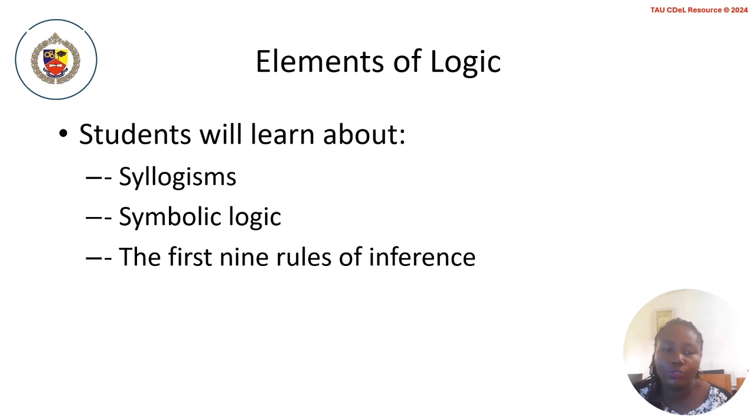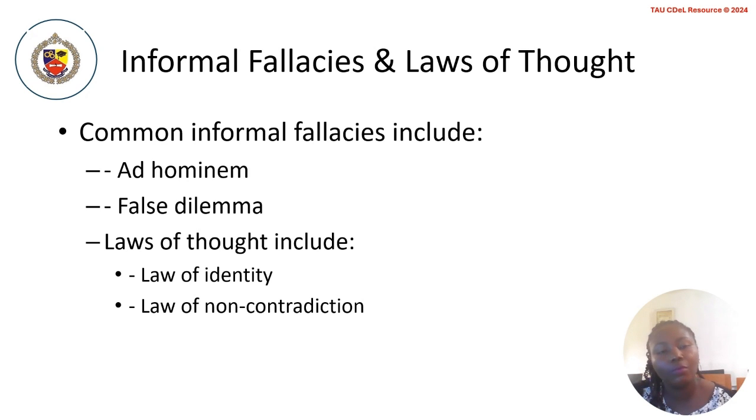Among the elements of logic, you will learn about syllogisms. You will also learn about symbolic logic, and of course the first nine rules of inference, to guide you in your logical thinking. We also see informal fallacies and laws of thought.